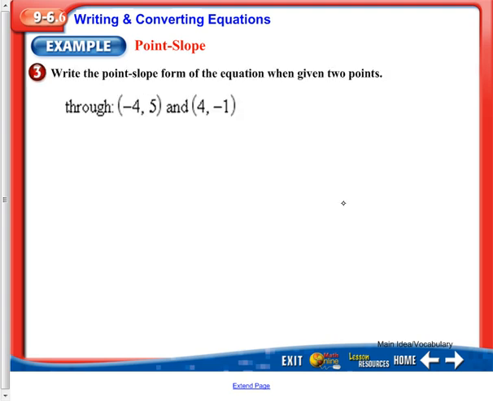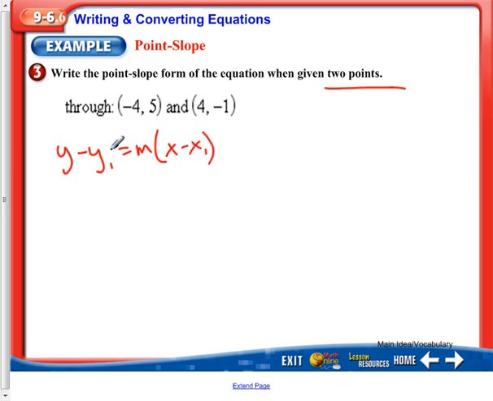Write the point-slope form of the equation when given 2 points. Okay, so I have 2 points here, as opposed to before when I had the slope. So remember what we need to do here for these. I have to have y minus y1 equals m times quantity x minus x1.